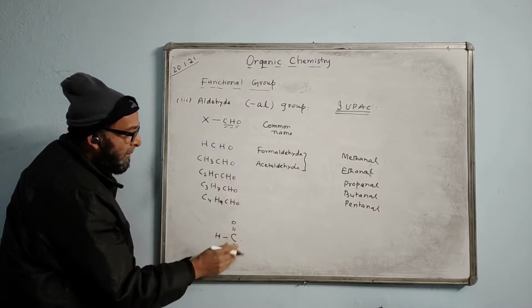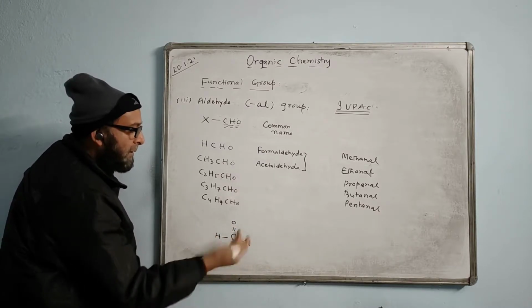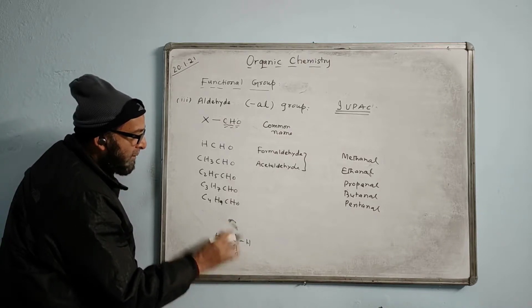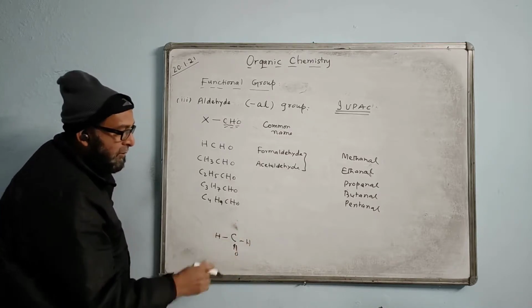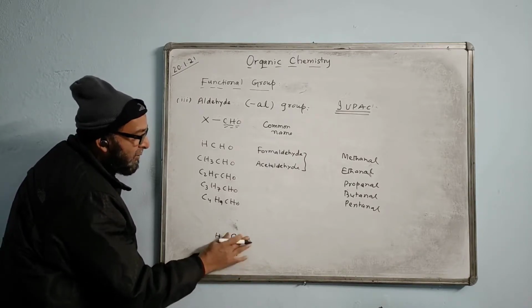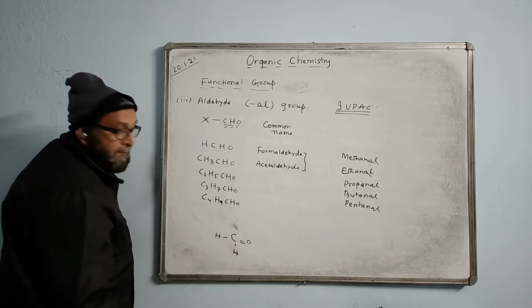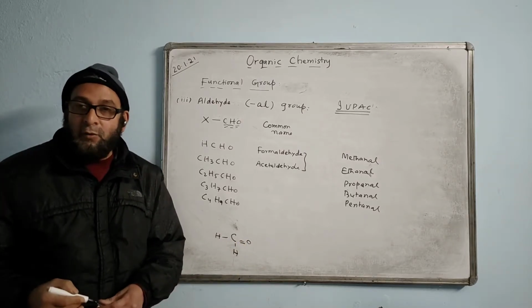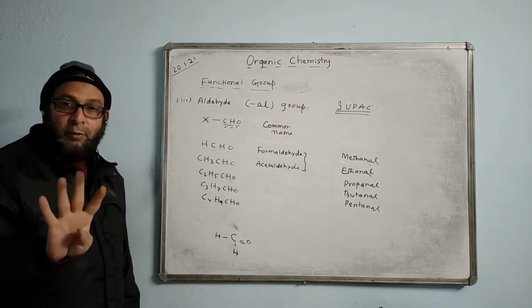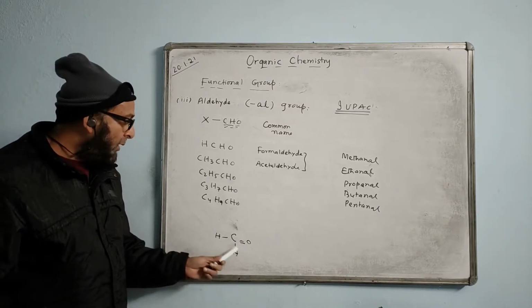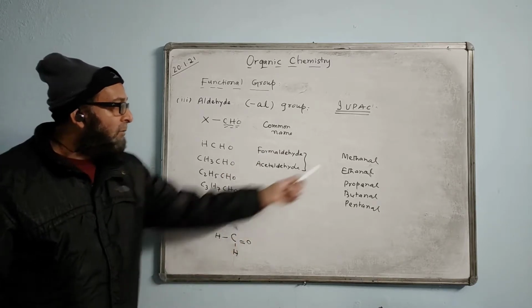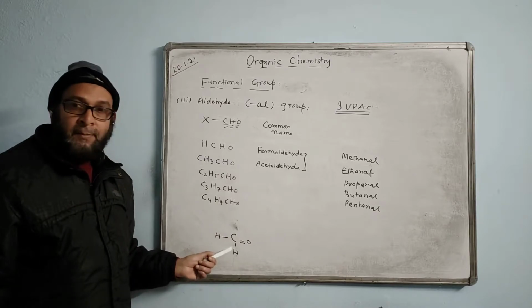You can put H over here, that is allowed. You can put O down with a double bond like this and H over here, that is also allowed. Oxygen valence is 2, that's why oxygen bonding should also be 2. Carbon valence is 4, so carbon bonding should be 4. This is the formula of formaldehyde, or the formula of methanal.